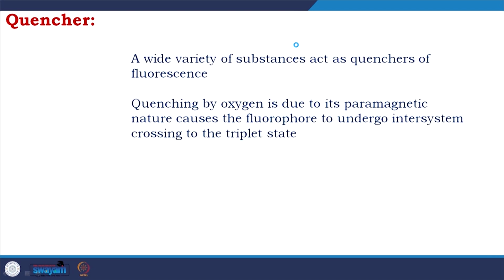Who are quencher? A variety of substances could act as quenchers of fluorescence. Quenching by oxygen is due to its paramagnetic nature, causes the fluorophore to undergo intersystem crossing to the triplet state.